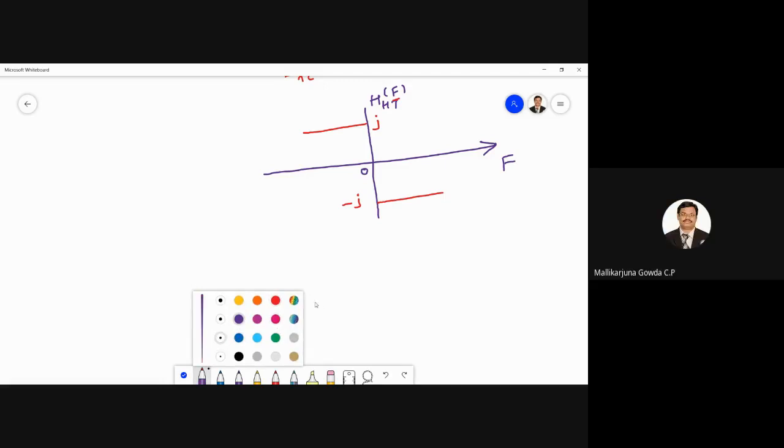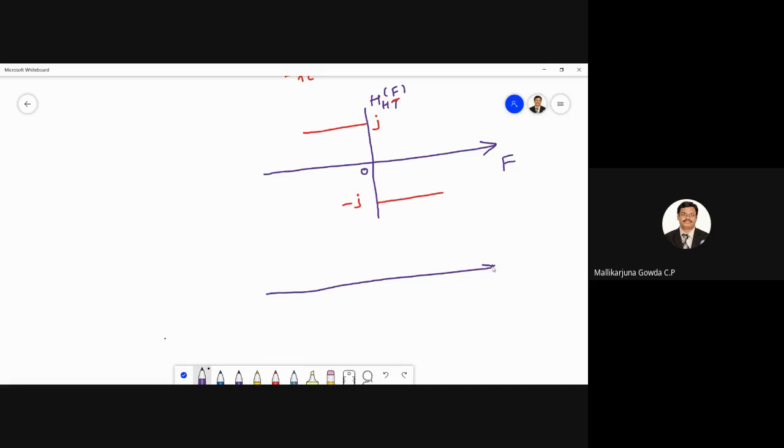See, why I am writing first graphically is that it becomes easy for people to understand.